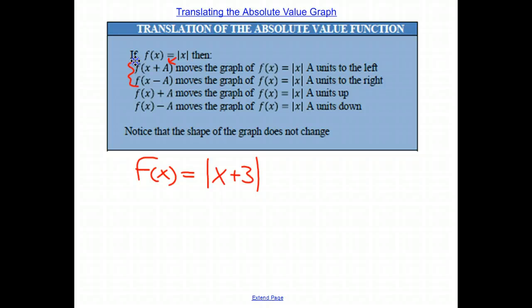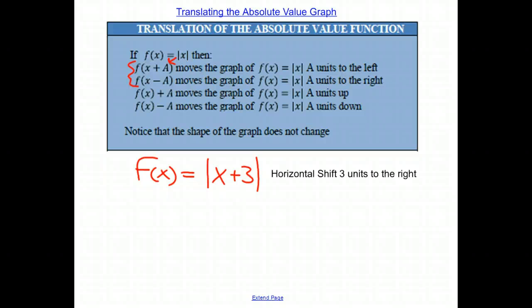So the absolute value of x plus 3 is a graph that is shifted 3 units to the right. So here we have a horizontal shift. The top two scenarios, f of x plus a or f of x minus a, move the graph horizontally, which means to the left or to the right.